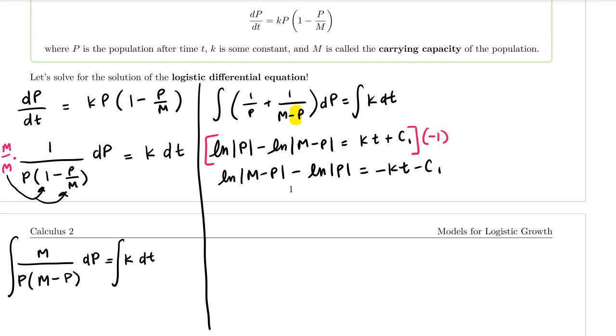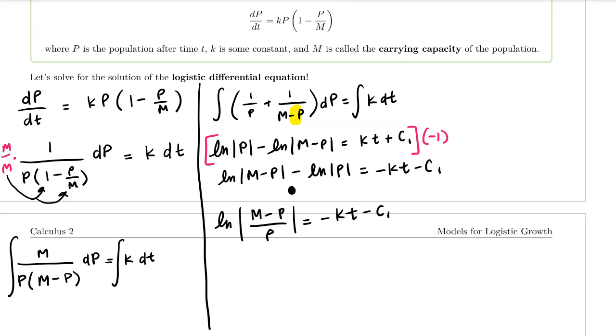I'm going to cross out the page number here, so ignore that. Now on the left-hand side, I can combine the two logarithms into one logarithm using the quotient rule for logarithms. So I get the natural log of the absolute value of (M minus P) over P is equal to negative kt minus C1.